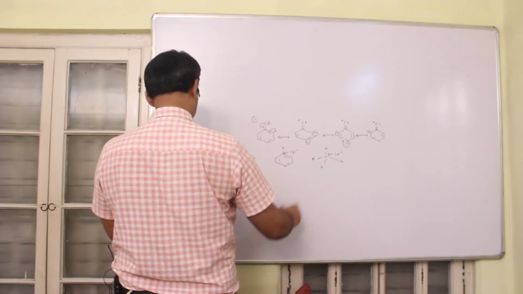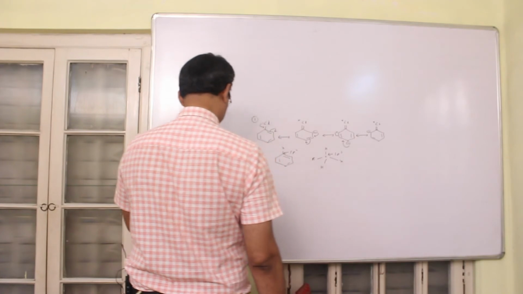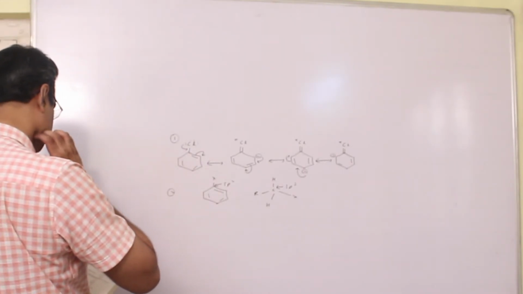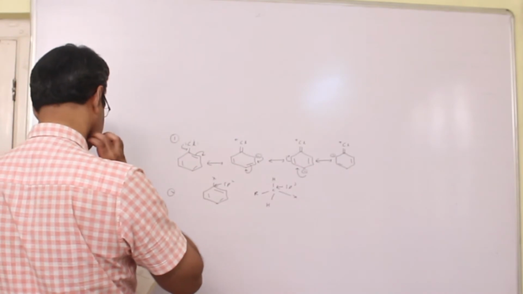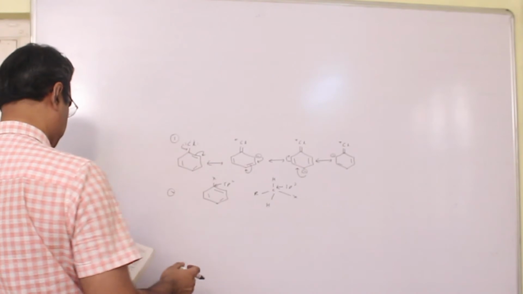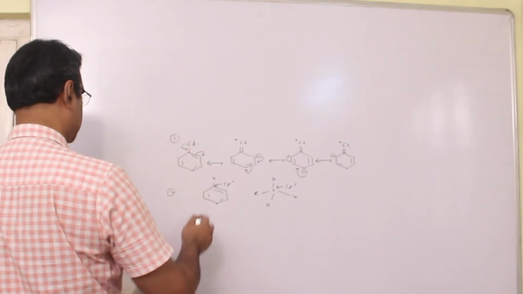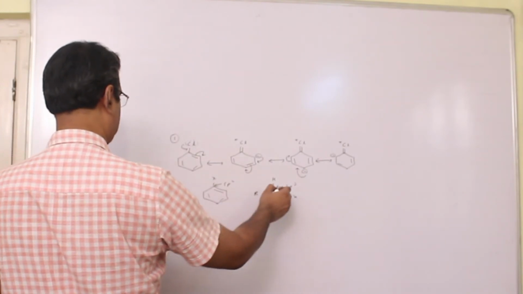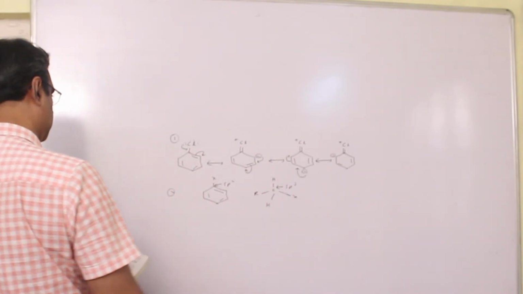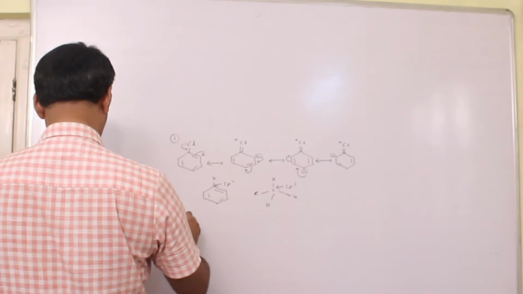This is a haloalkane. So you know that sp2 is more electronegative, so that is why it can hold the electron pair of the carbon halogen bond more tightly. So this bond is shorter and stronger, whereas this bond is longer and weaker. So that is another reason.